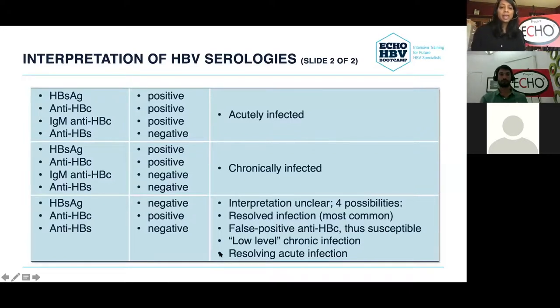And then you can also see this in a couple of other scenarios. One in which somebody actually has chronic infection. So it's not quite what we think about when we talk about occult infection, but where their surface antigen is not positive, but if I were to actually check a Hep B DNA level, they would be making a small amount of virus.